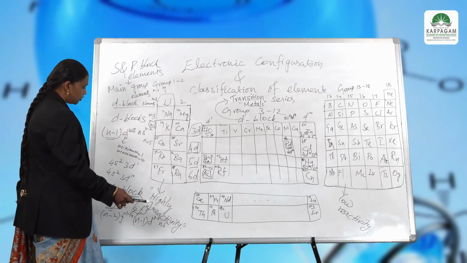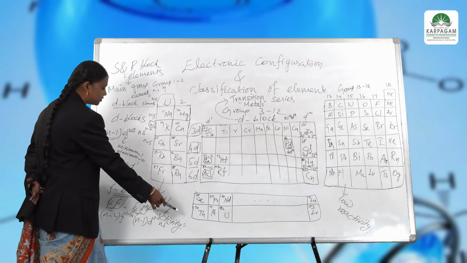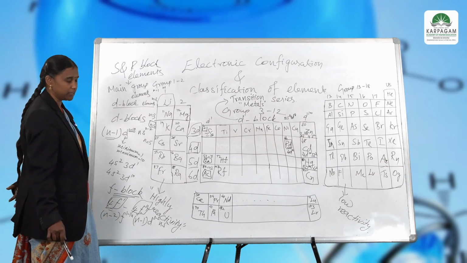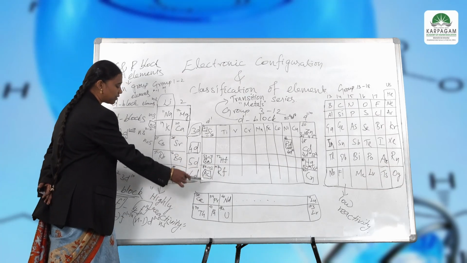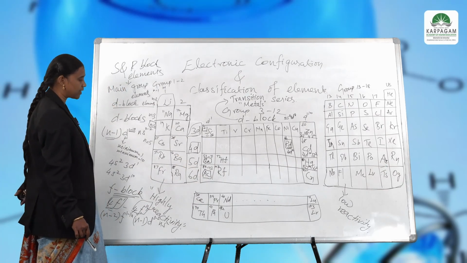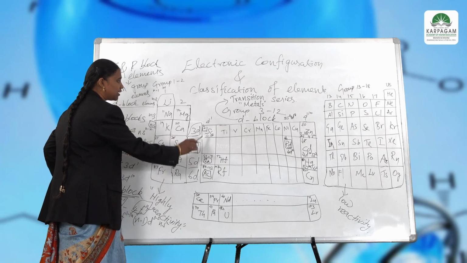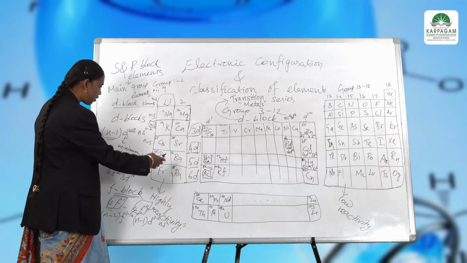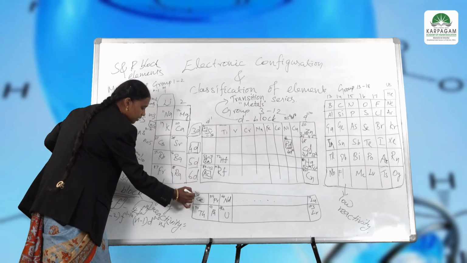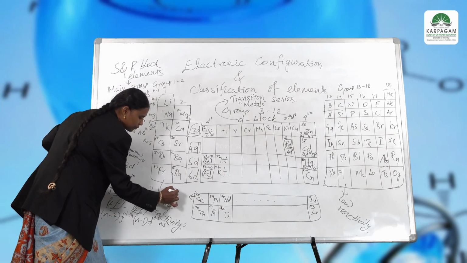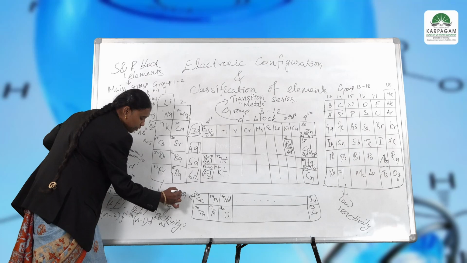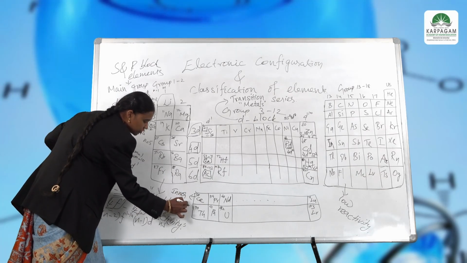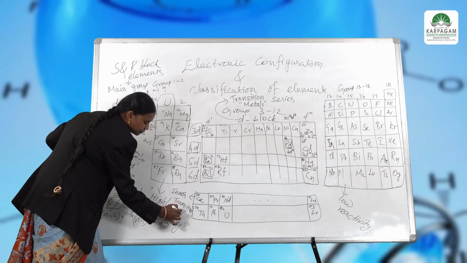Totally, these 14 and these 14 come under f block elements, one called lanthanides and the other called actinides. They are present inside the transition series. So f block elements are also called inner transition elements.